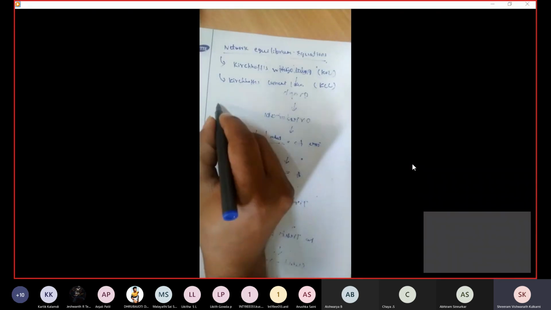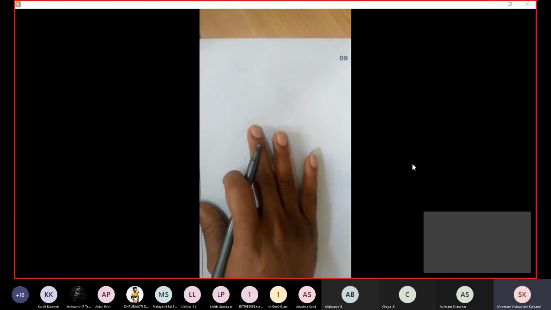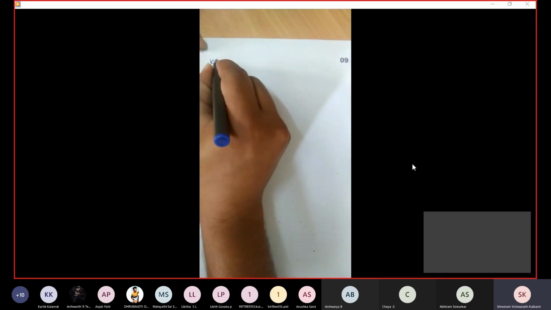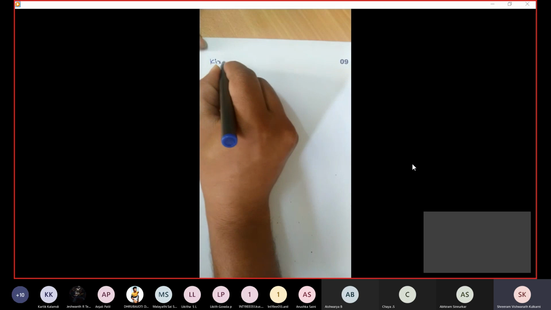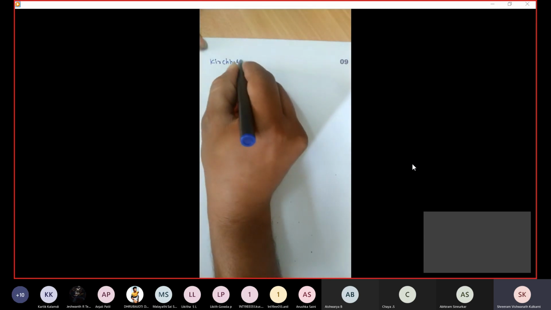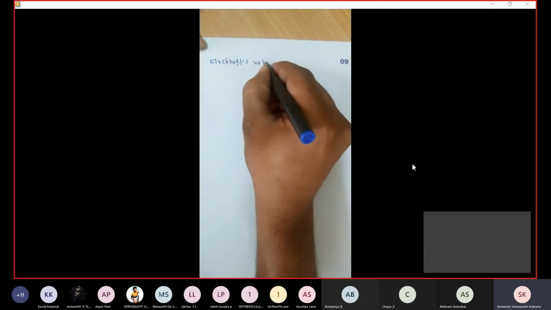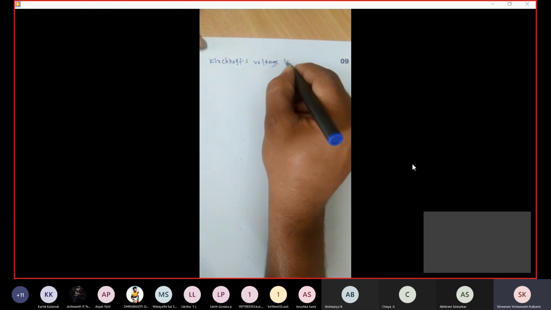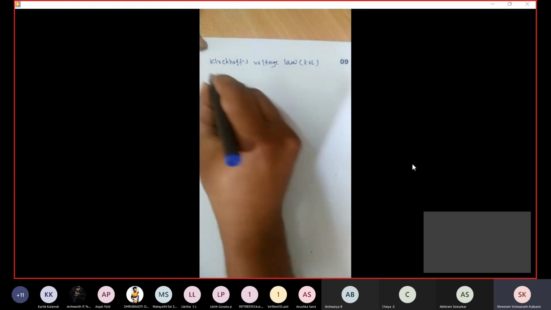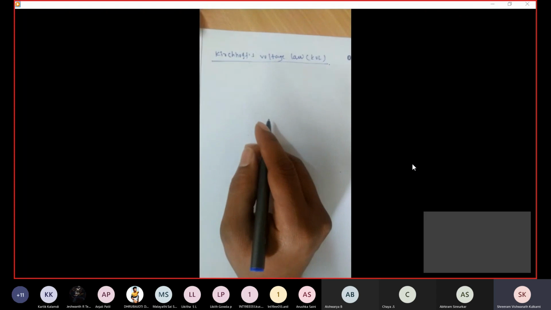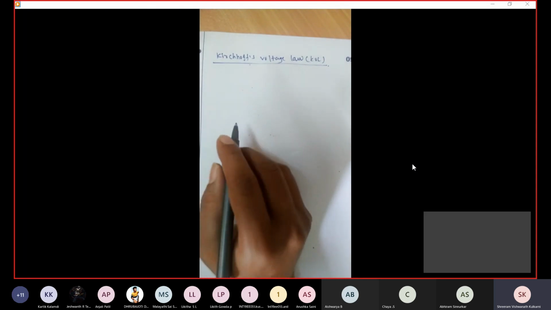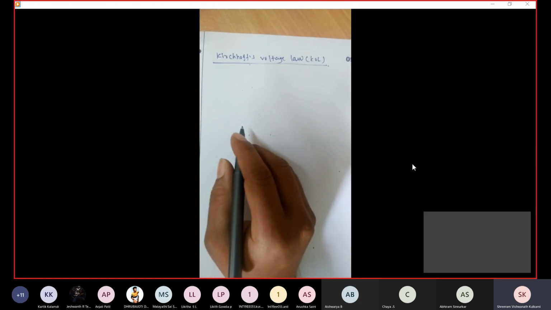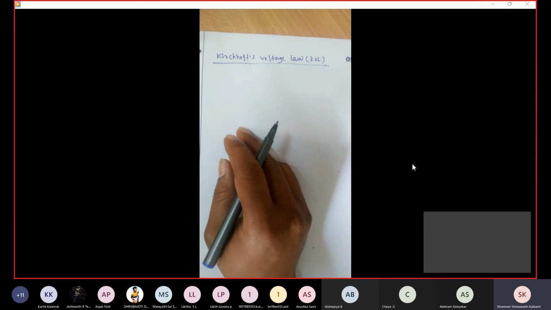Okay, first KVL, Kirchhoff's voltage law. Now what does KVL state? The summation of voltage drops across a path or in a closed loop equals 0, right?